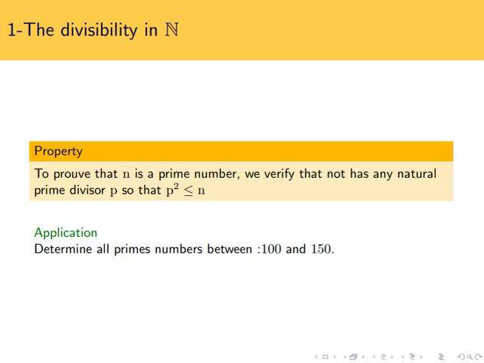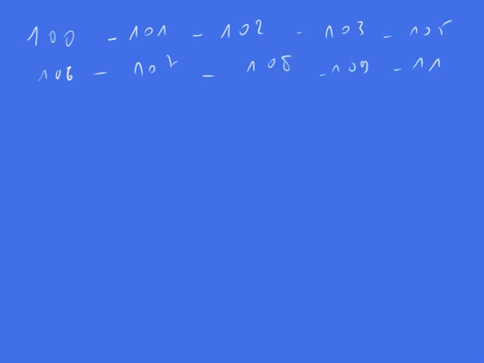Determine all prime numbers between 100 and 150. So we can test the primality for the first numbers: 100, 101, 102, 103, 105 and so on.